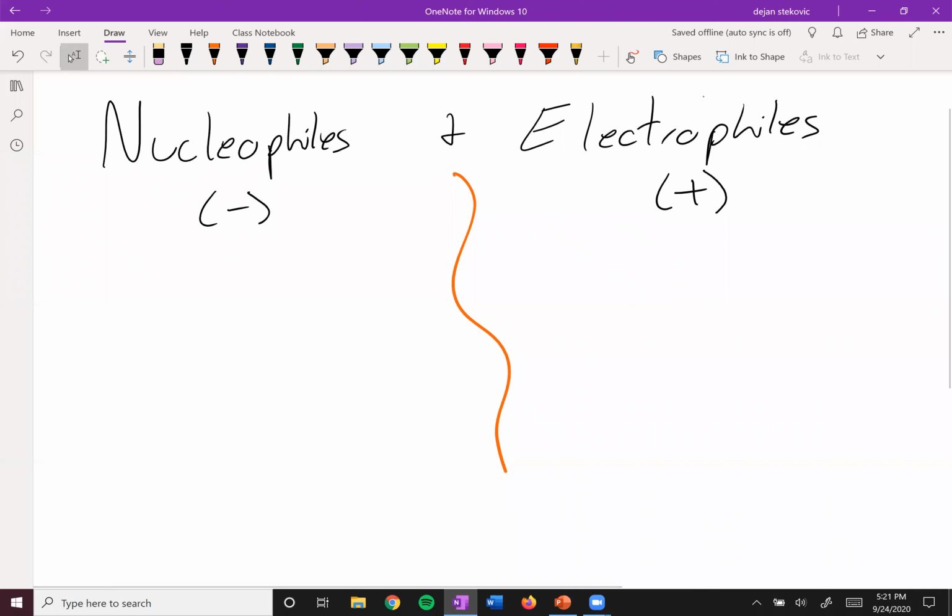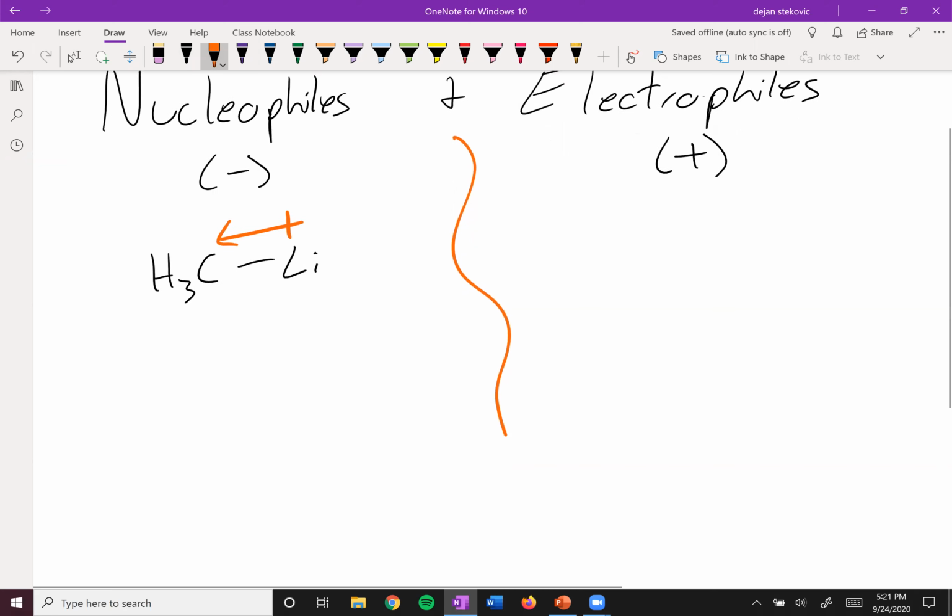And so remember, nucleophiles are negatively charged, and so we can have different types of nucleophiles. We can have some carbon-based nucleophiles. So for example, if you have carbon bound to essentially some kind of metal, you're going to have a partial, if not full, negative charge. So these lithium compounds we'll see a good bit later on.